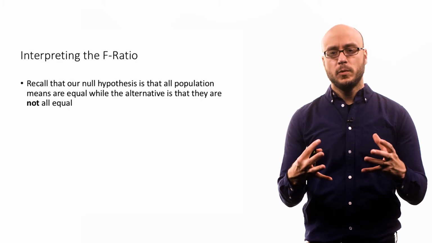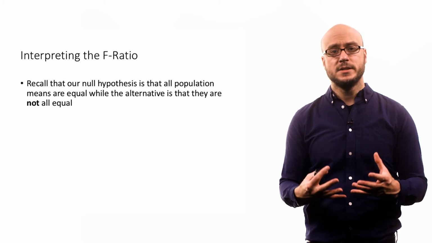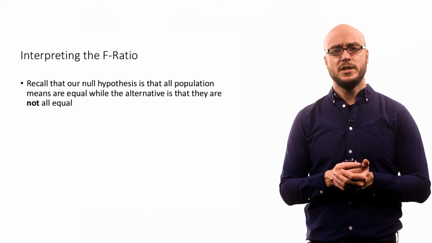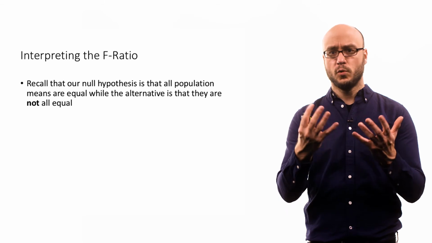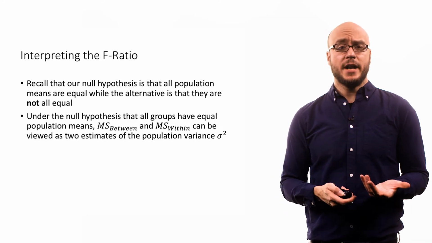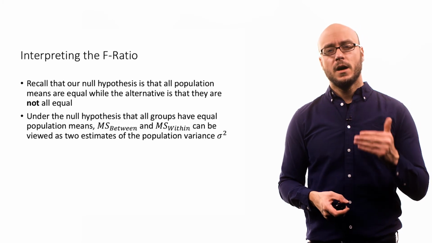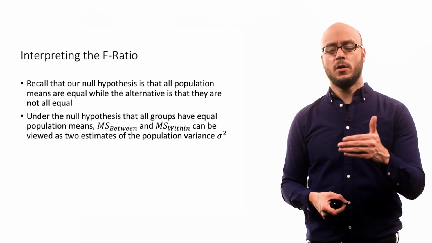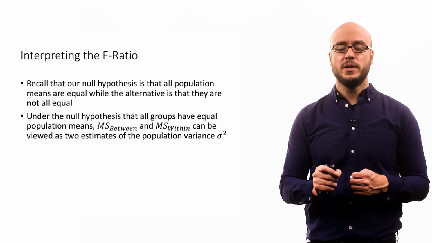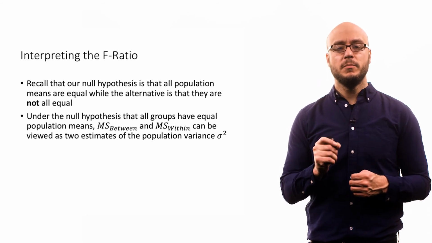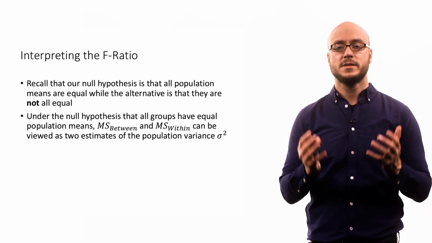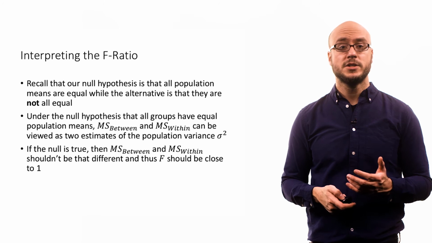When we calculate one-way ANOVA and when we conduct this kind of analysis, our null hypothesis is that all these population means are equal for these 3 or more different groups. The alternative is simply that these means are not all equal. Under the null hypothesis that all these groups have equal population means, the mean squares between and the mean squares within can be viewed as 2 estimates of the population variance, which we call sigma squared.